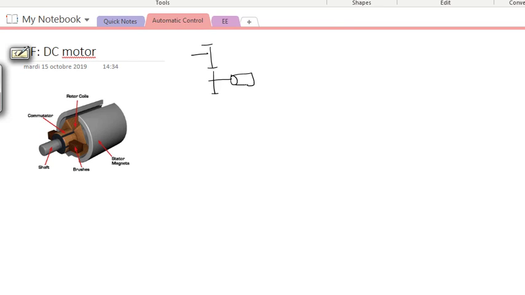You have an input torque, T, transferred through the gearing N1 and N2 into the load, and we can calculate the transfer function of, let's say, theta 2 over T.